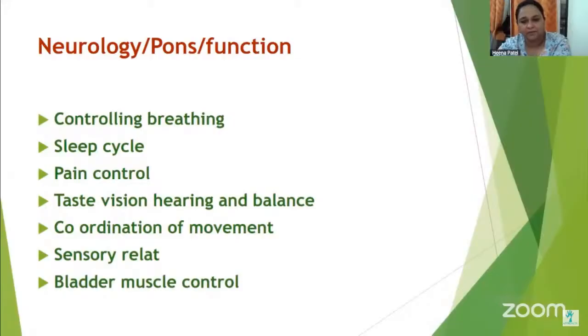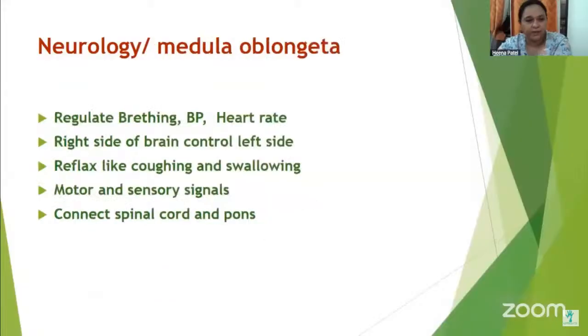That's your evacuating organ. And the medulla regulates your BP, breathing, heart rate, the right side of the brain controlling the left side, reflexes like coughing and swallowing, motor and sensory signals, and connects the spinal cord and pons.